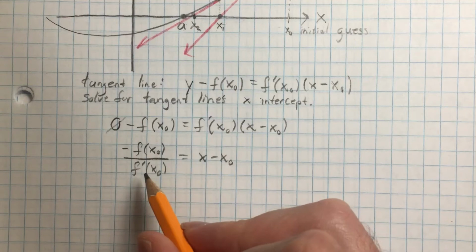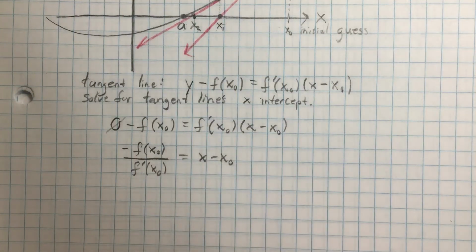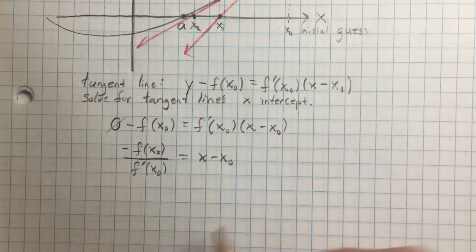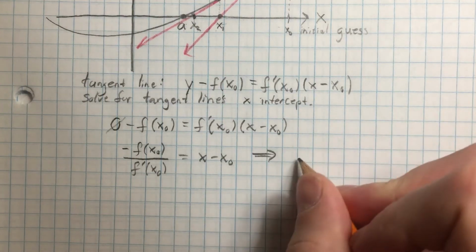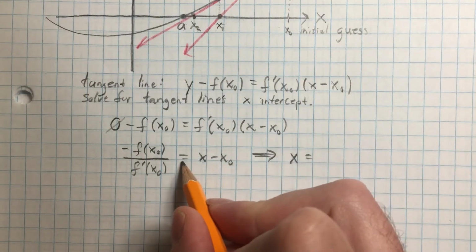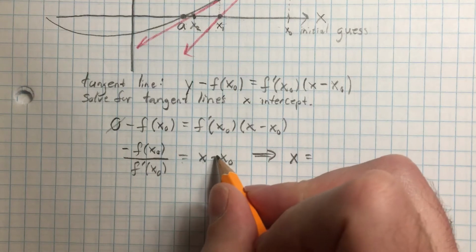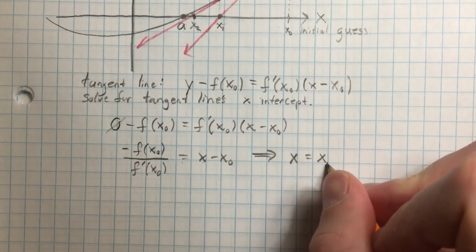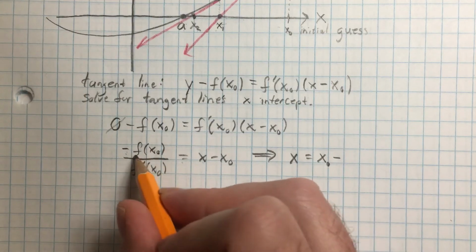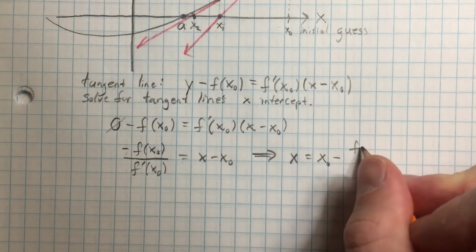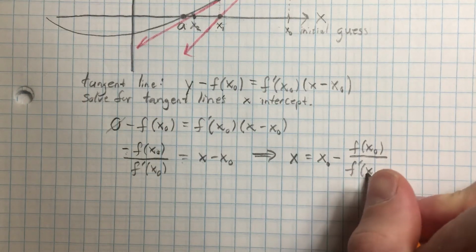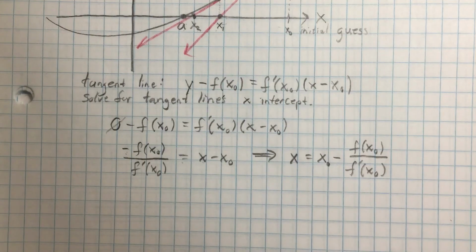Adding x naught to both sides, I'm going to reverse the positions just to make the formula look clearer. So this would give us that x is equal to x naught minus f of x naught over the derivative at the same location.